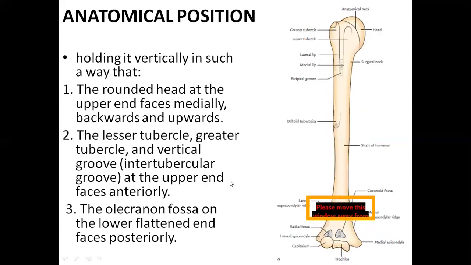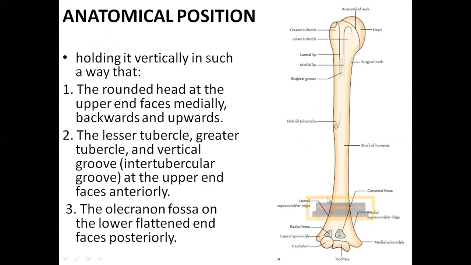Then the anatomical position: I told you we should hold the bone vertically in such a way that the head is pointing upwards, and faces medially, backwards and upwards. The lesser tubercle is medial and the greater tubercle is a little lateral, and in between you have the intertubercular sulcus.